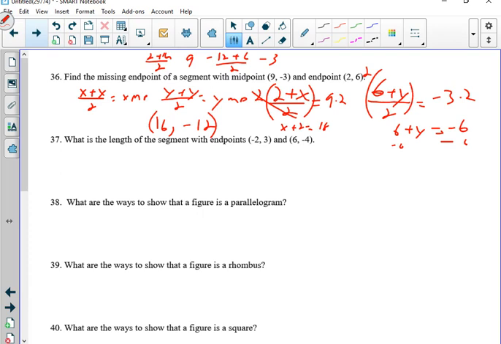What's the length of the segment with endpoints negative 2, 3, and 6, negative 4? Square root of x minus x squared plus y minus y squared.